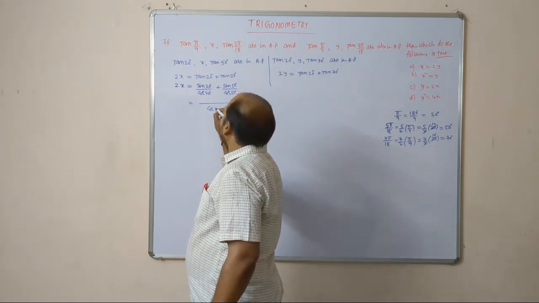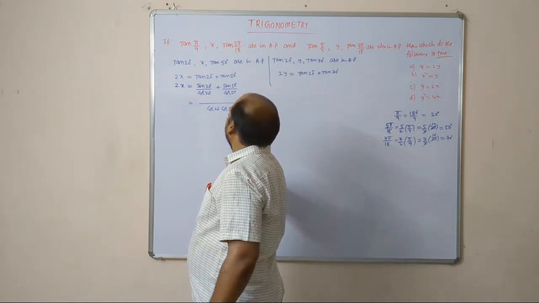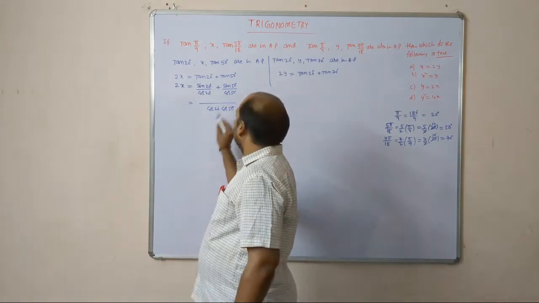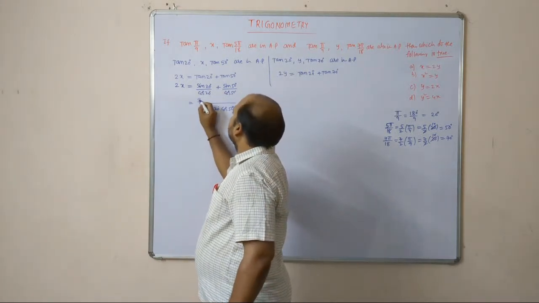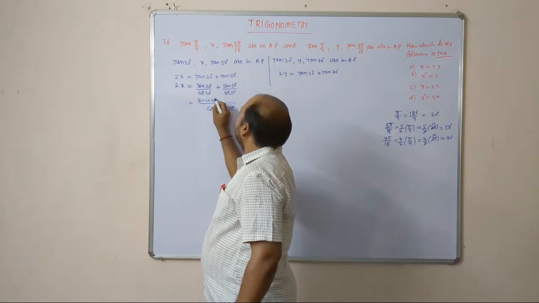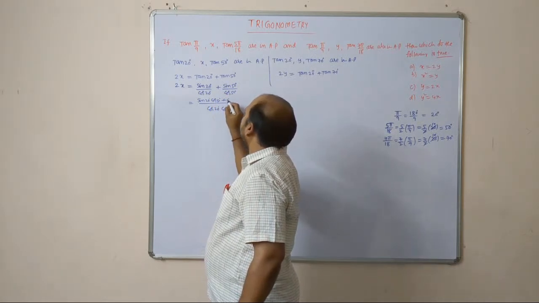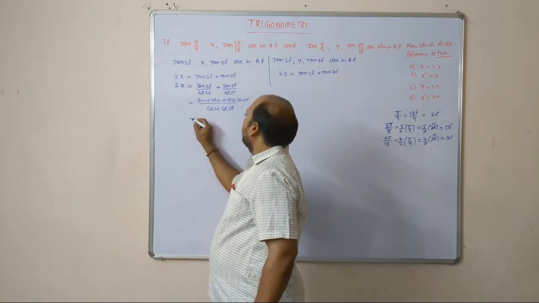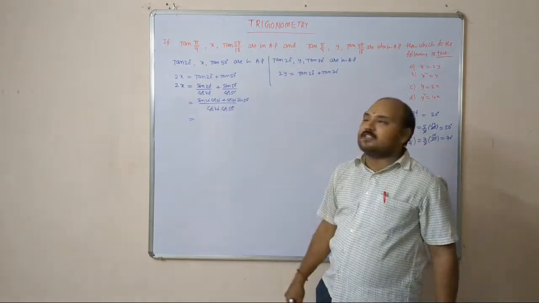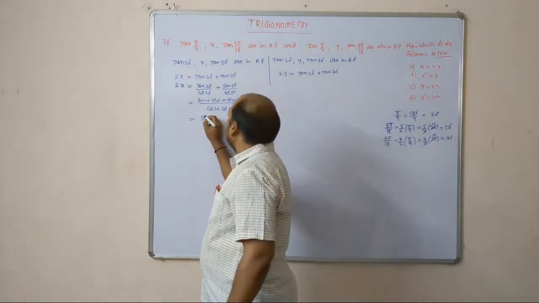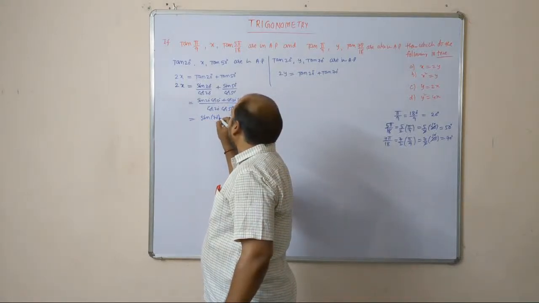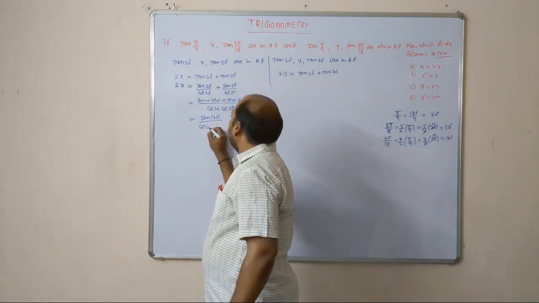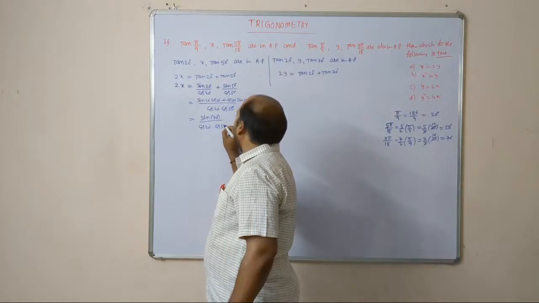So cos 20 into cos 50 in the denominator, and in the numerator sin 20 into cos 50 plus cos 20 into sin 50. Sin A cos B plus cos A sin B is sin of A plus B. So sin of 20 plus 50, which is sin 70, by cos 20 into cos 50.